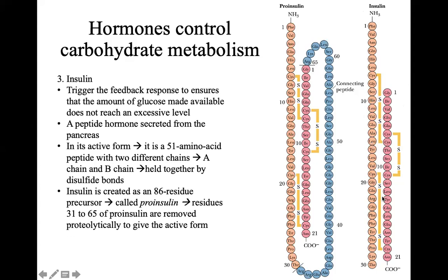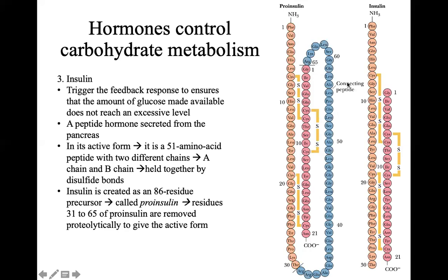Obviously, during production of the insulin hormone, it doesn't straight away become insulin. In fact, it is very long, 86 residues, with this blue part. From 1 to 21, then the pink, then the blue one, 65 to 31, and after that 30 to 1.